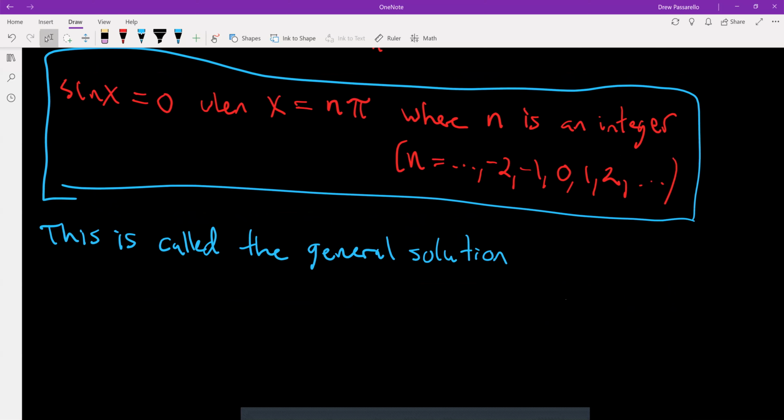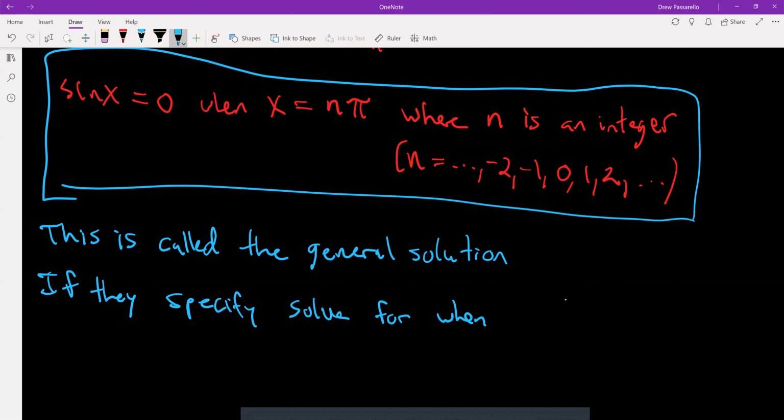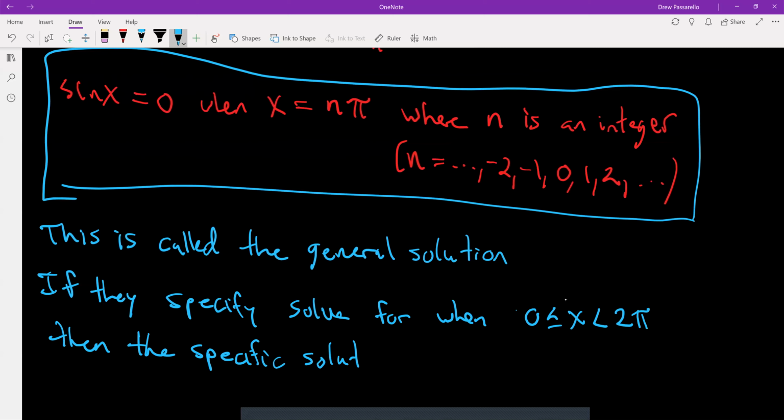If they defined an interval in the question, if they specify solve for when x is between 0 and 2 pi, then the specific solution for this part of the question is just 0 and pi.